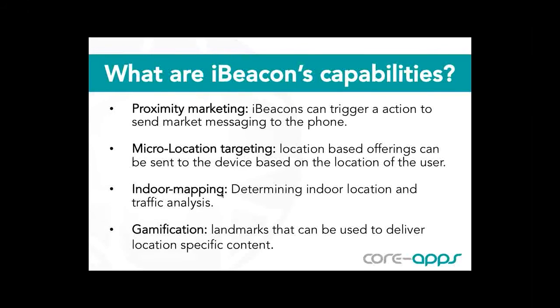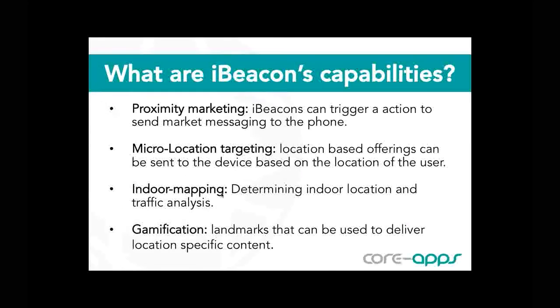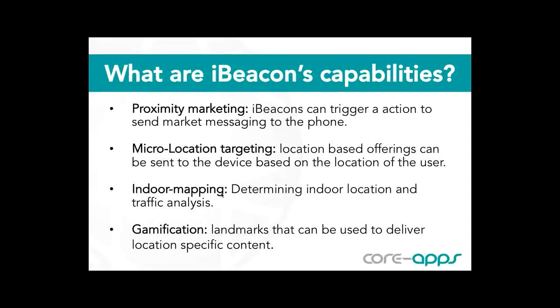For example, if you walked into an event and had it at your registration area, branching out to the entire registration area, a welcome message to your event. Hey, thank you for attending today. If you've already pre-registered, go to the left to pick up your badge. If you haven't registered, go to the right. That would be more of an idea of proximity marketing because it's more of a wide range.